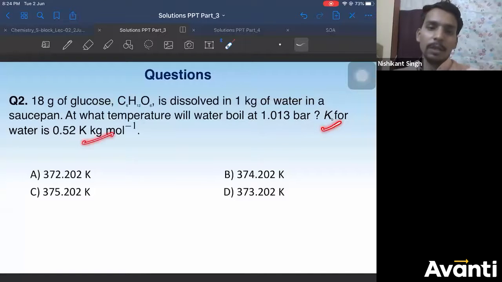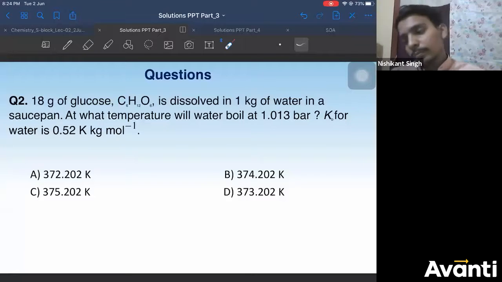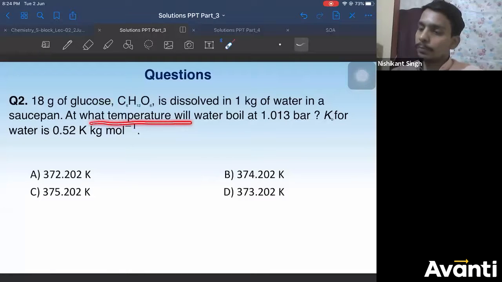Kb is also given. Remember, you have to find the boiling point of water.